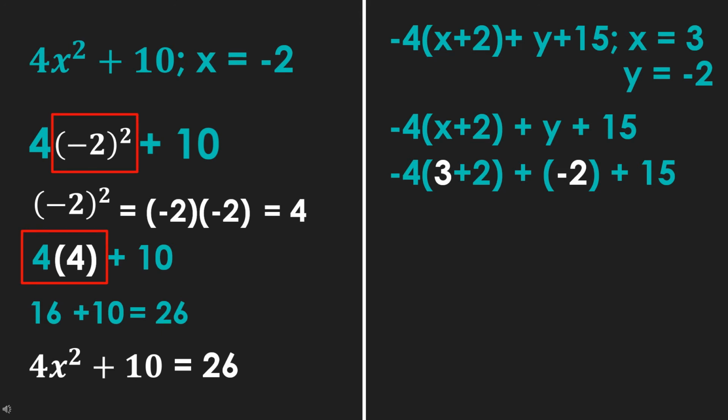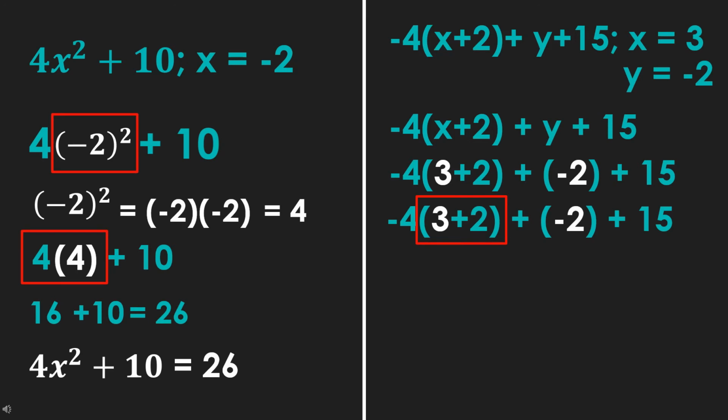We put parentheses for negative 2 to emphasize that the negative sign belongs to y, and of course, we copy plus 15. Next, we solve first what is inside the parentheses, and 3 plus 2 is 5.